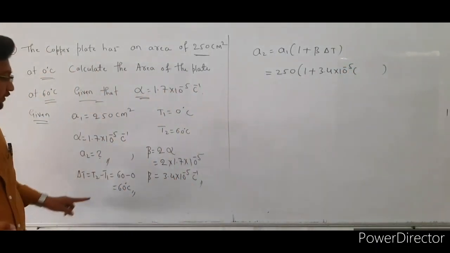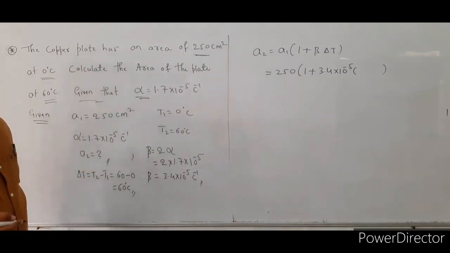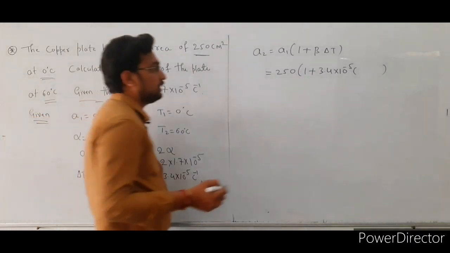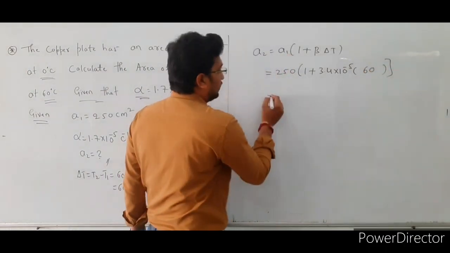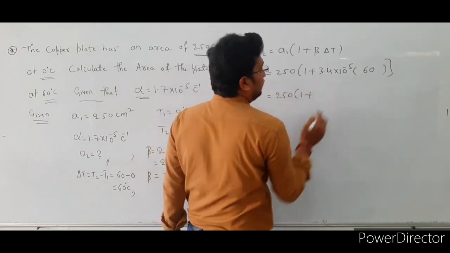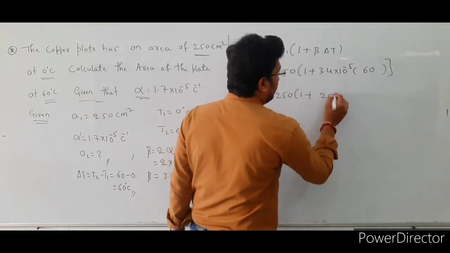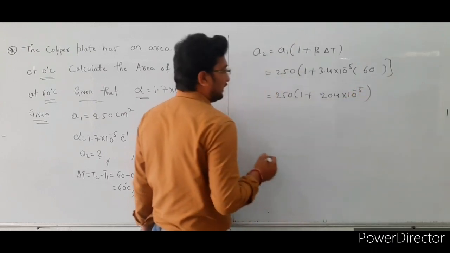The change in temperature is T2 minus T1, that is 60 minus 0, so the change in temperature is 60, right. Okay, the next one, 250 bracket of 1 plus 3.4 into 60, its value is 204 into 10 to the power of minus 5, right.